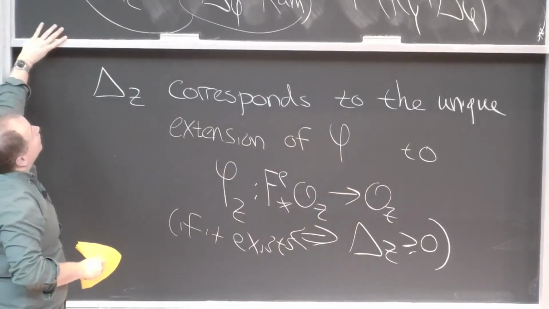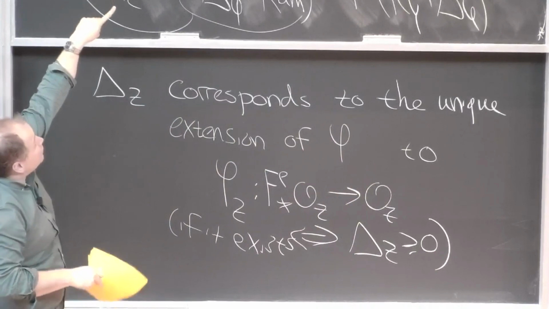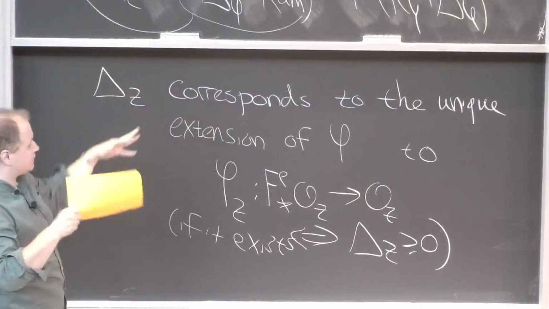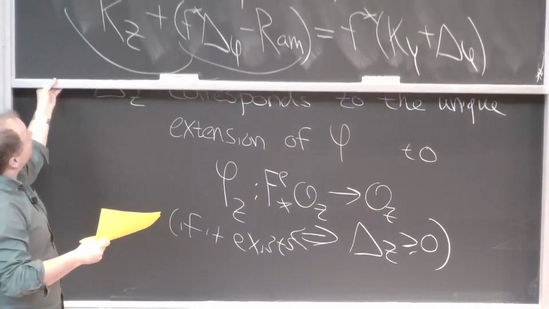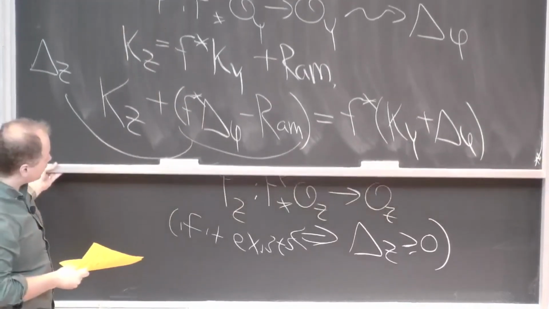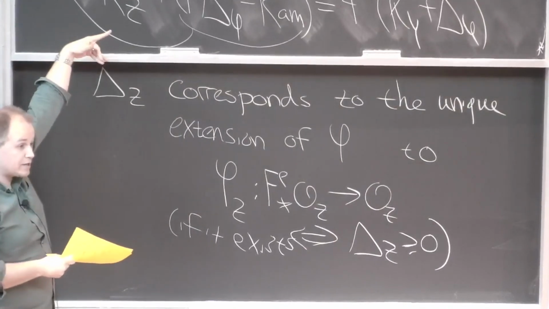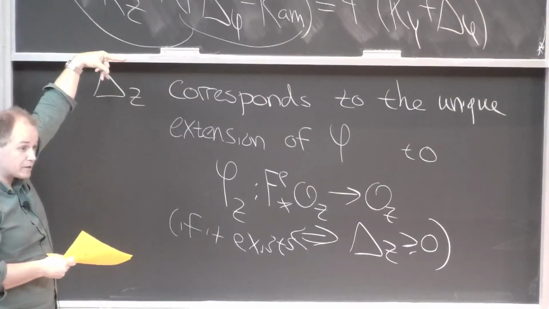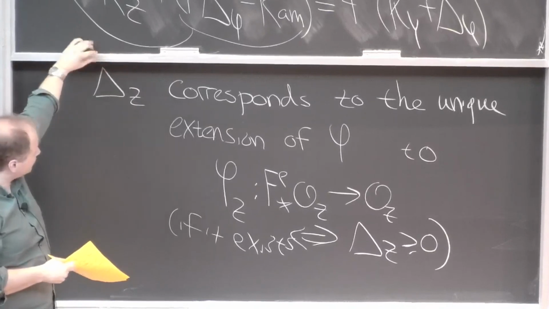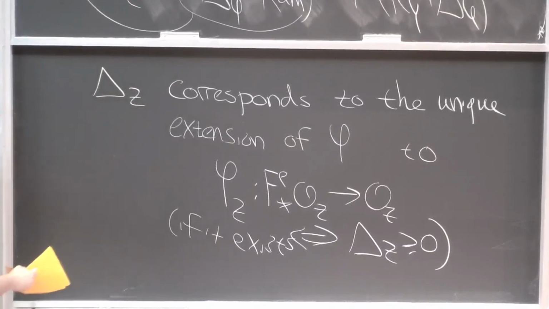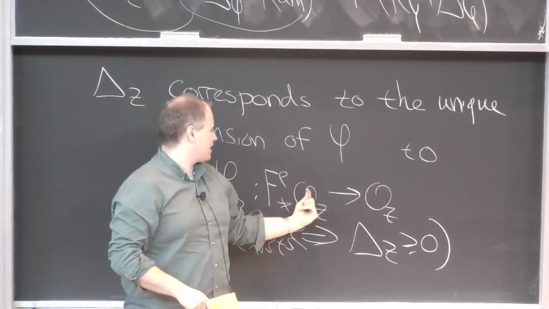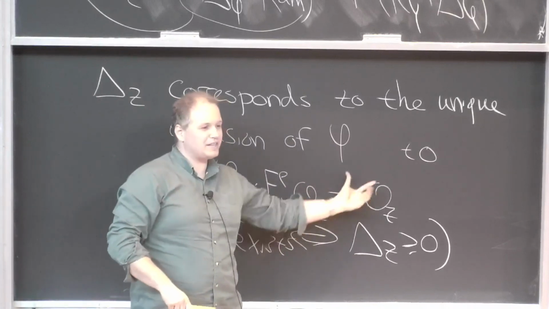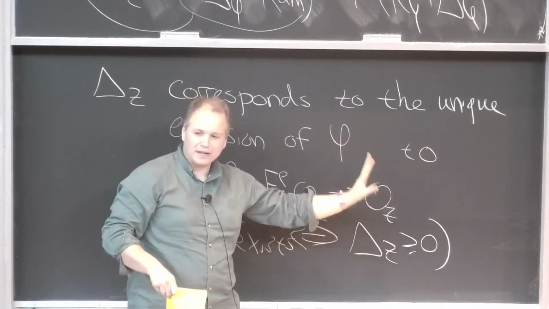So you can also use these kind of delta pairs to keep track of whether, as I change from one variety to another, whether or not Frobenius splittings extend, or things like Frobenius splittings extend. If it doesn't exist, maybe it doesn't map Oz to Oz, it maps it into the fraction field or something, and that still works fine.